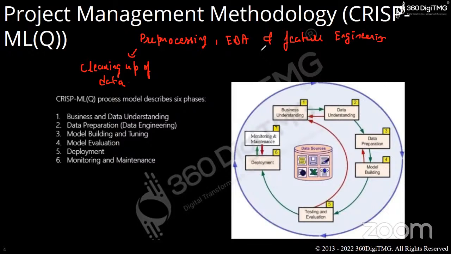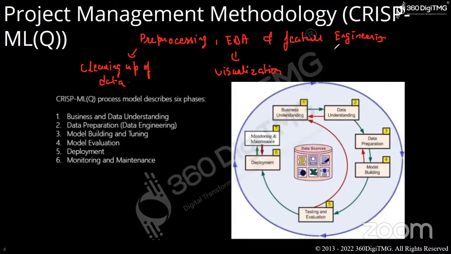Then we come to EDA. EDA is also known as exploratory data analysis. Okay. In EDA, we do the visualization. We try to visualize our data. Okay.